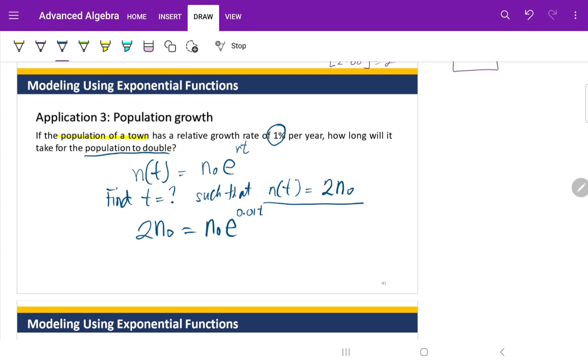The N naught cancels out, giving us 2 equals e raised to 0.01 t. This is an exponential equation, therefore we can solve this. The value of t is equal to ln of 2 over 0.01, or approximately 69.3 years.